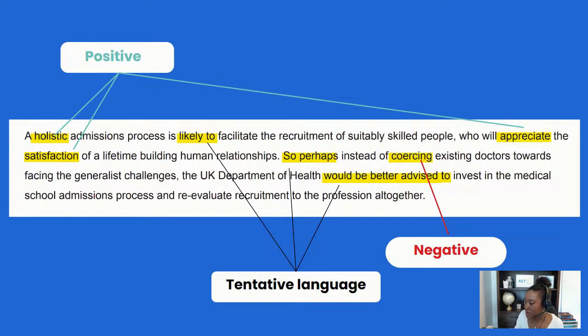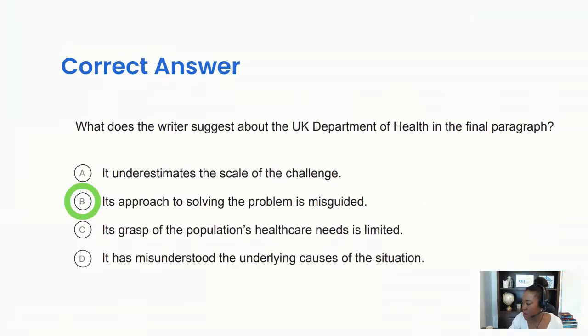Okay, so if we go back to the previous slide, I can notice that a number of you have selected option A. It underestimates the scale of the challenge. Here, why this option would not be the best answer is because the text is not really focusing on how big the challenge is, but just the correct way of dealing with it.